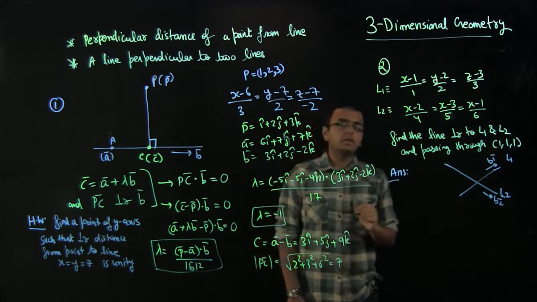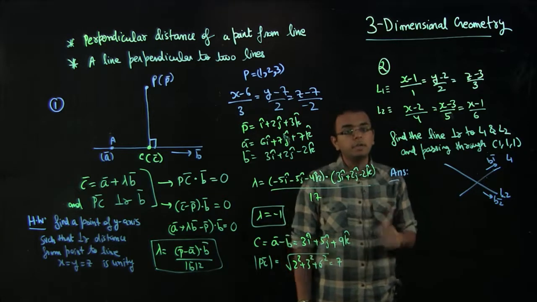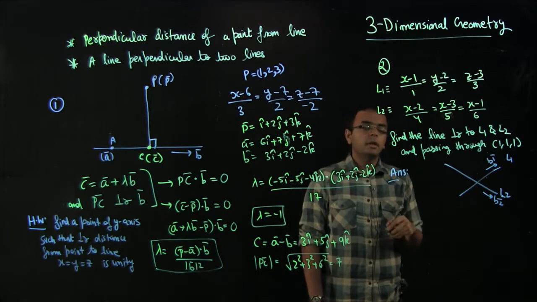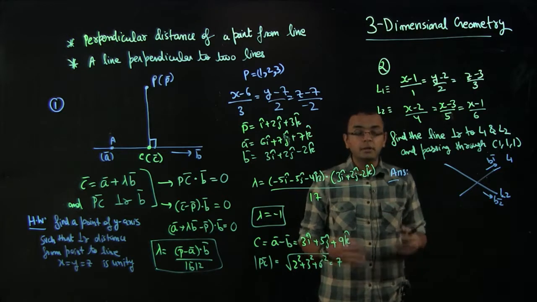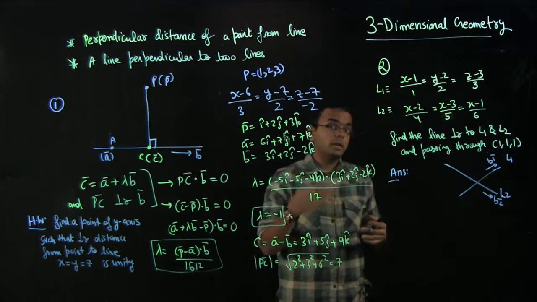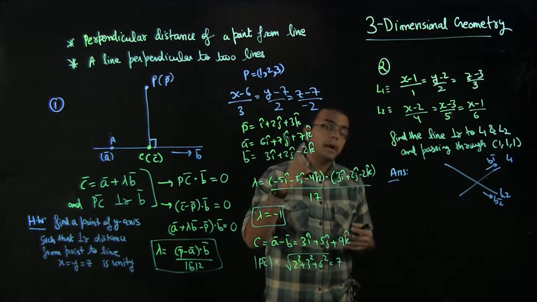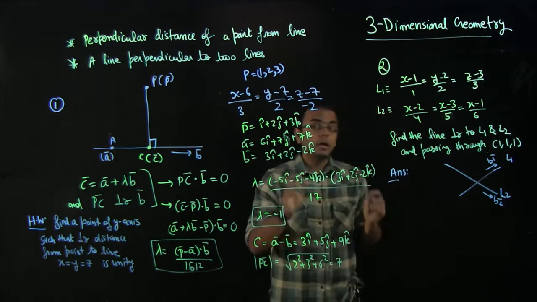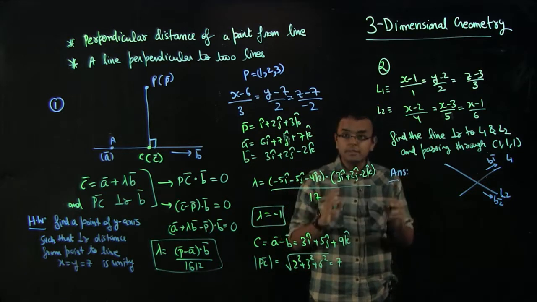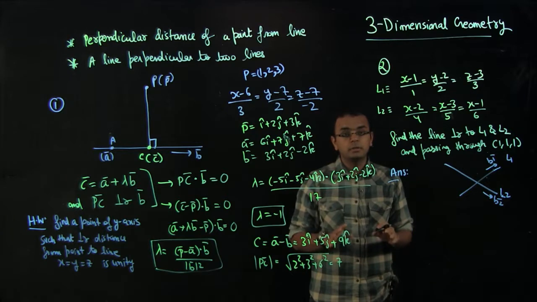So, to find the equation of a line, you need a point, which you already have, but you need a parallel vector. And what is the speciality of that parallel vector? That it is perpendicular to both L1 and L2. Hence, the parallel vector will be perpendicular to both B1 and B2, and as soon as I say this, it should flash into your mind that this is basically asking you to take a cross product.